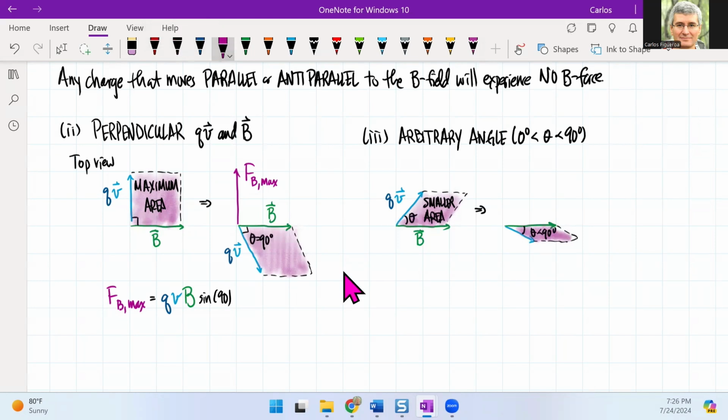So therefore, its force will be smaller. In other words, it's non-maximal. Where again, I have Q, V, and of course, B in this direction.